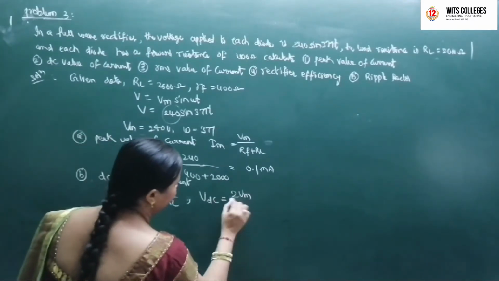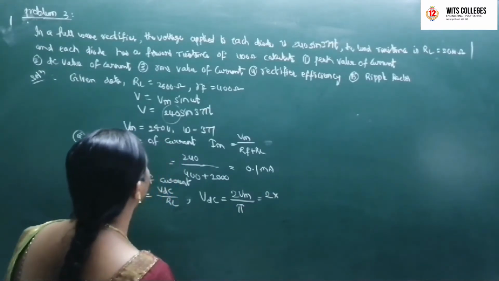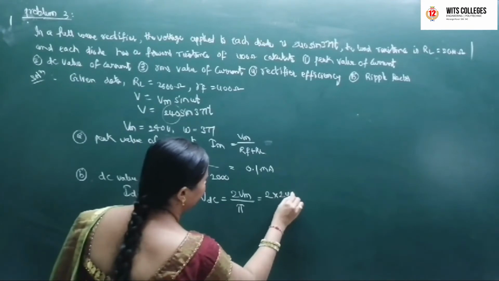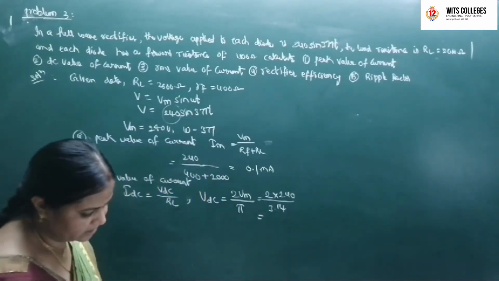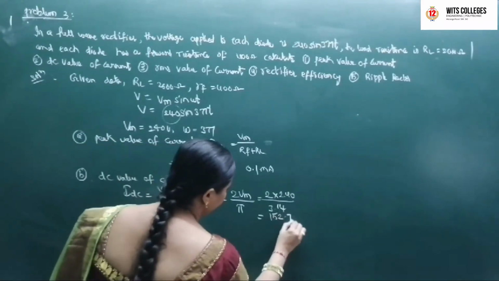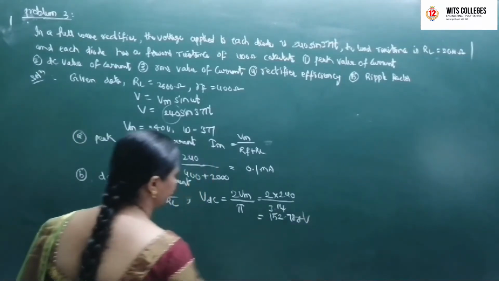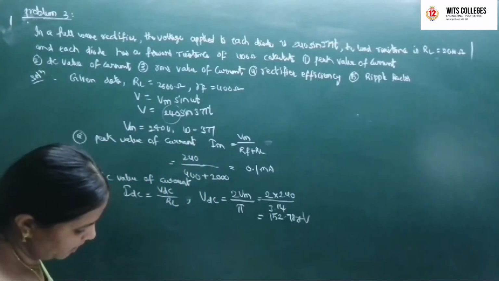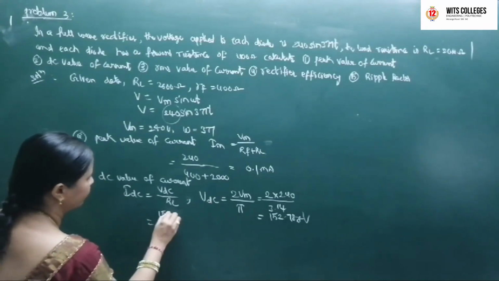VDC value is, for full wave rectifier, 2 Vm by pi. Vm value is 240 by 3.14. If you calculate this, you will get 152.78 volts.